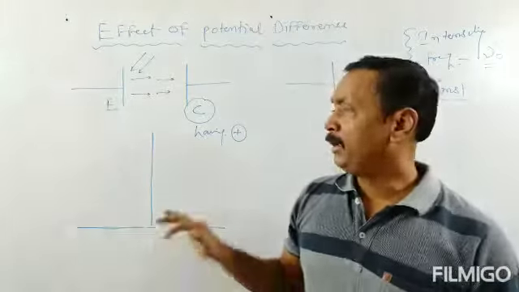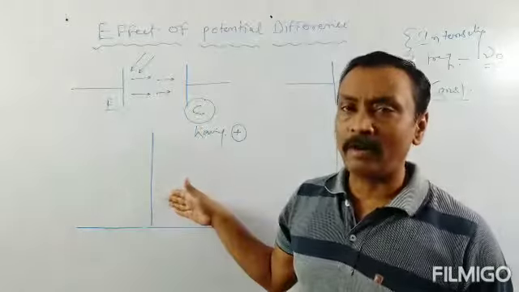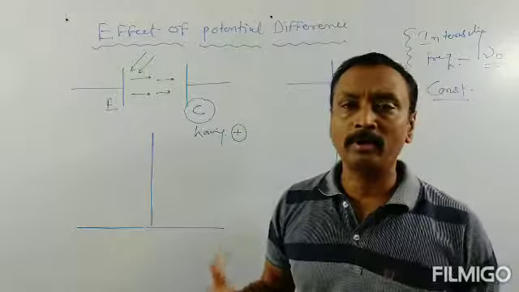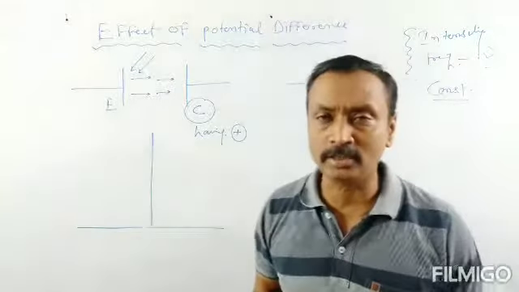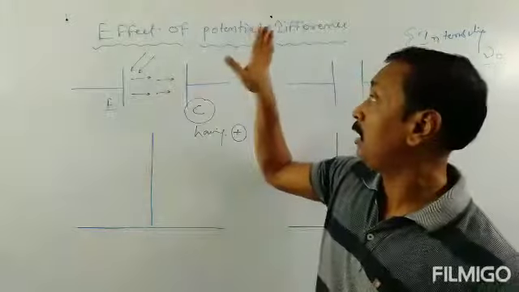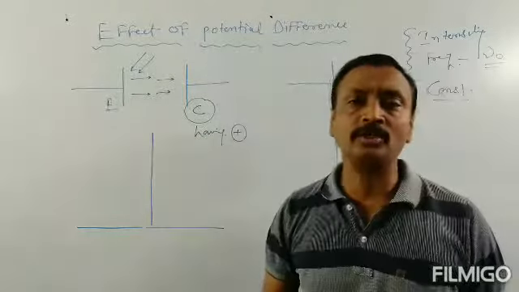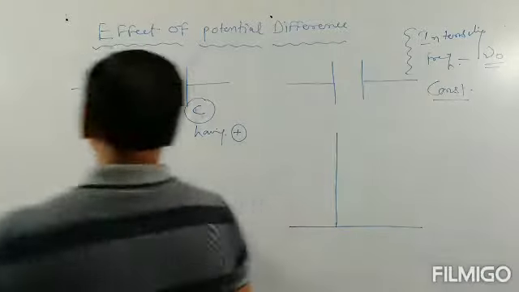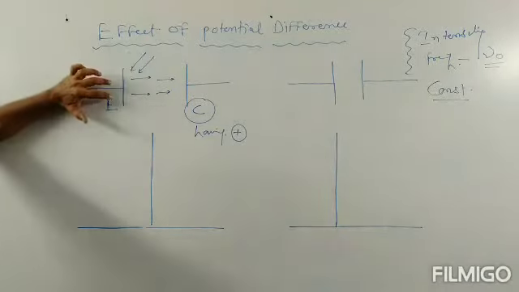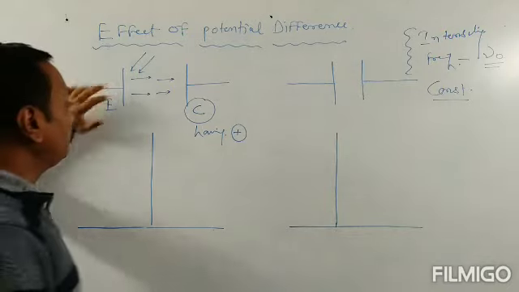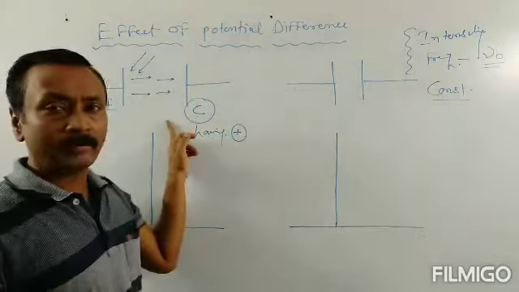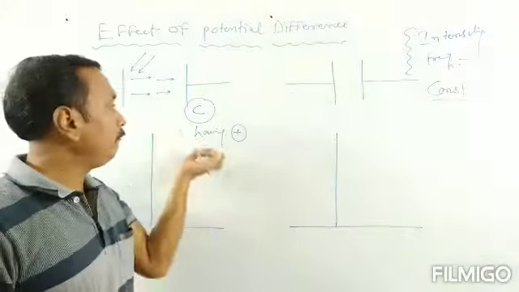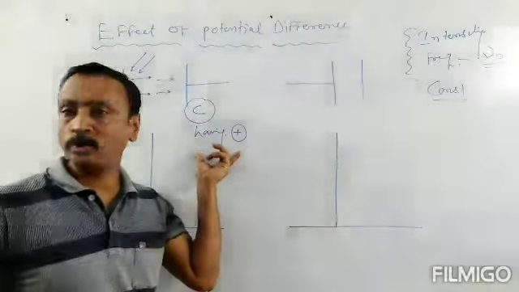Okay. Now let's go to the graph, to see what effect it has if we want to change the number of photoelectrons, or change the frequency or the intensity, or change the potential difference. So when the photons are incident on the plate, the photoelectrons are emitted and collected by the collector plate, if and only if the collector plate has the positive potential.